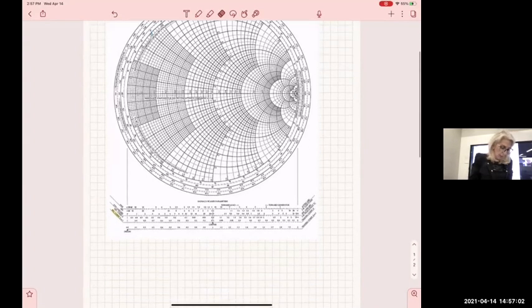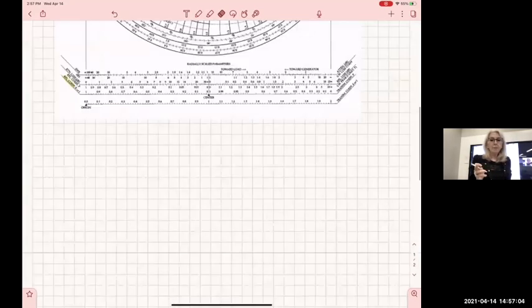I will write the problem here, and I suggest every time I give you a problem to solve, draw the problem the way I give it to you, and then write the given parameters, and then write also what I'm asking you to find.